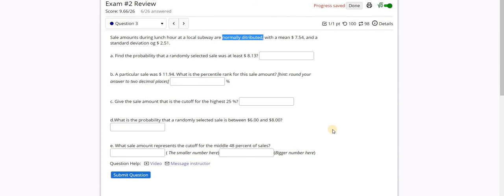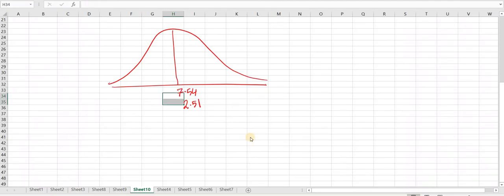The first question says, find the probability that a randomly selected sale was at least 8.13. At least 8.13. That means 8.13 is approximately here. At least means this is either 8.13 or more.